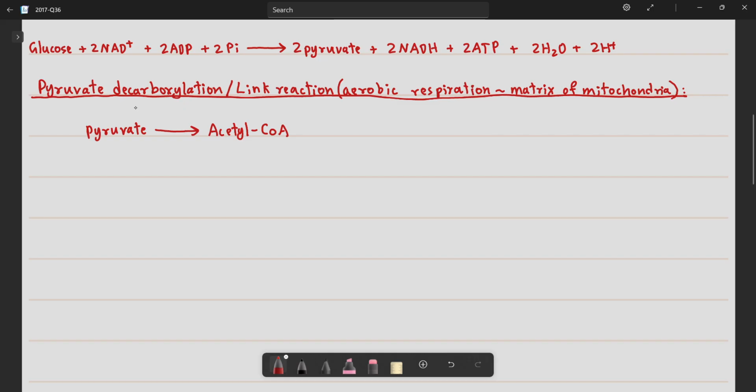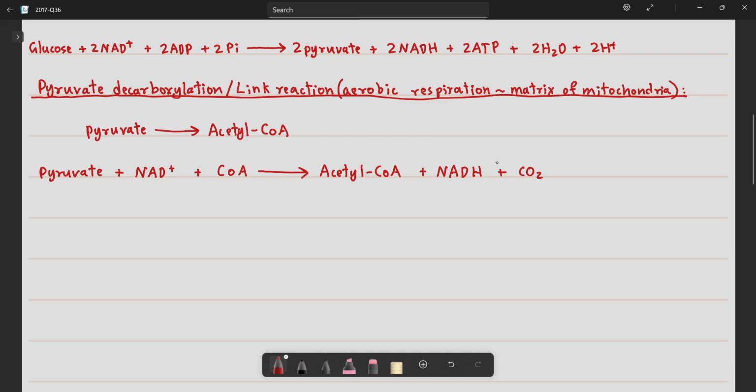Now I'm going to write it for pyruvate decarboxylation. Okay, so pyruvate plus NAD plus, just as glycolysis does, and plus this CoA, a piece of this one compound. Okay, so this will produce acetyl CoA plus NADH plus carbon dioxide.